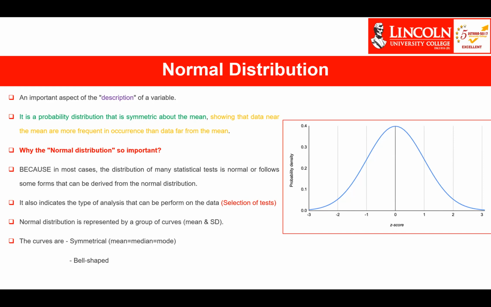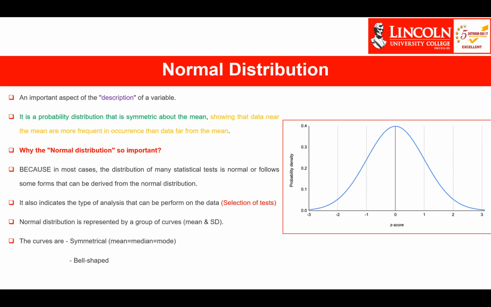If the data set you have collected fails the test of normality, then you use a different test. There are different things that can be used on such a data set. And how do we perform normality tests? We're going to look at that.